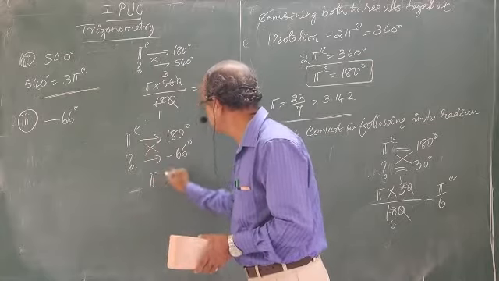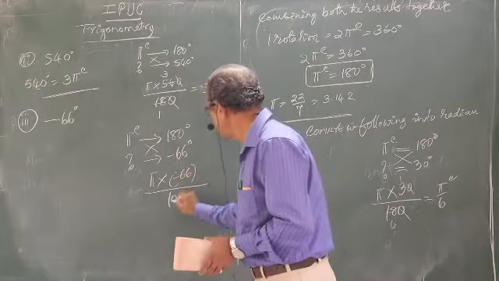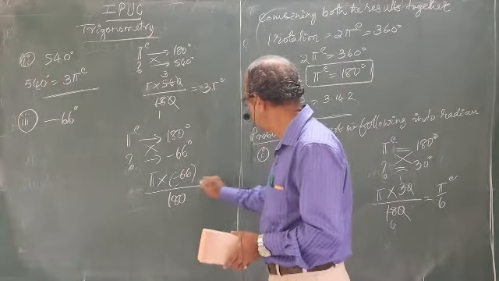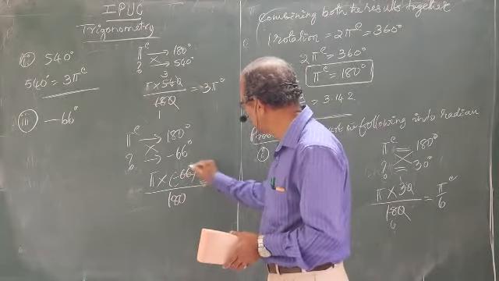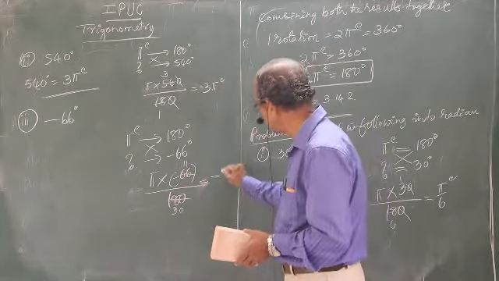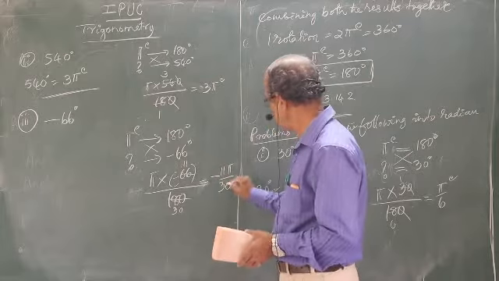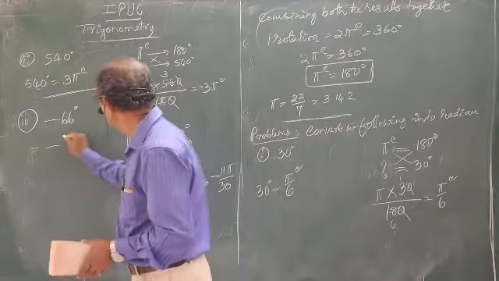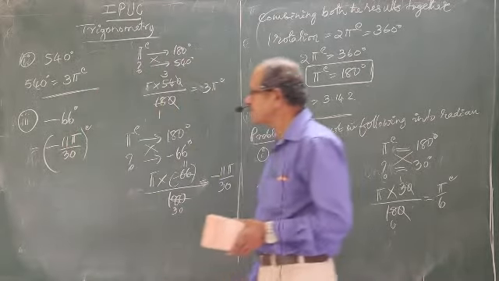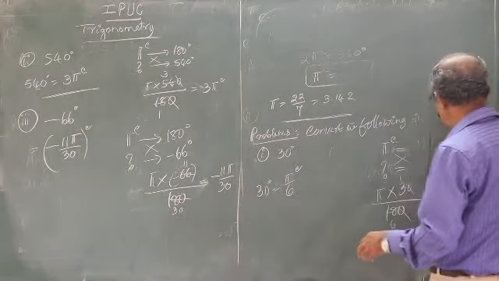Pi into minus 66 by 180, minus 11 pi by 30. Answer is minus 11 pi by 30 radian. Converting the given angle in degree into radian.